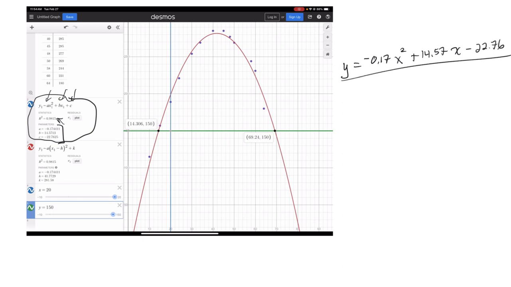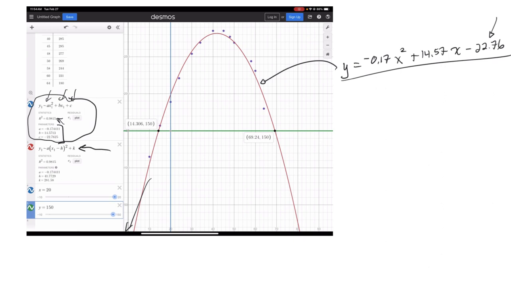So that is the equation of that red line. And it's written in sort of the standard form of a quadratic equation, where this would be my y-intercept. So down there somewhere at negative 22, that's where it would cross the y-axis.